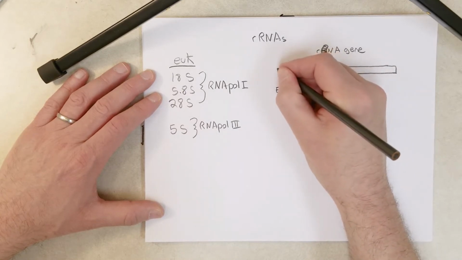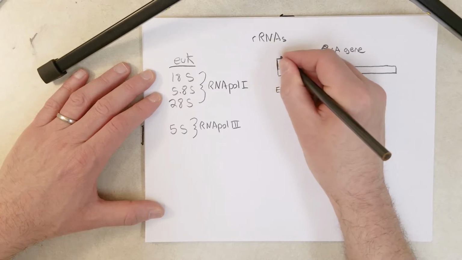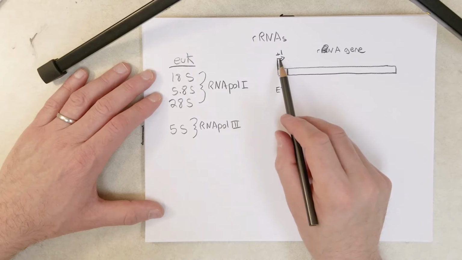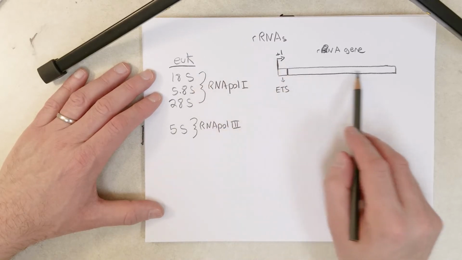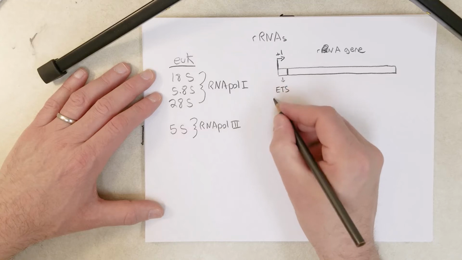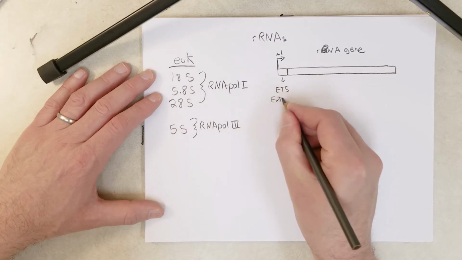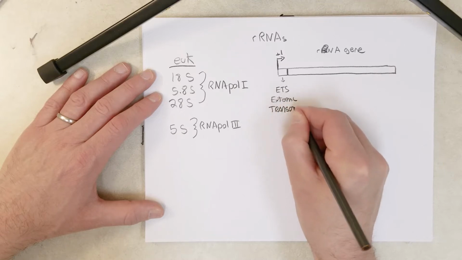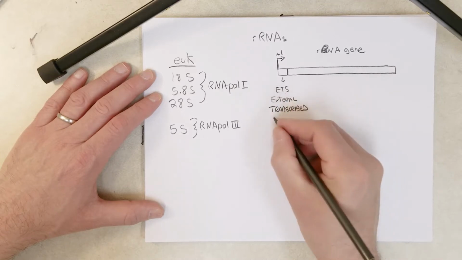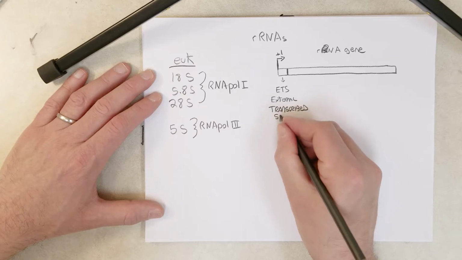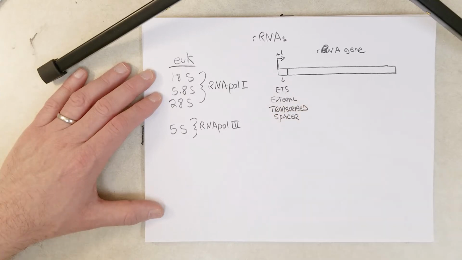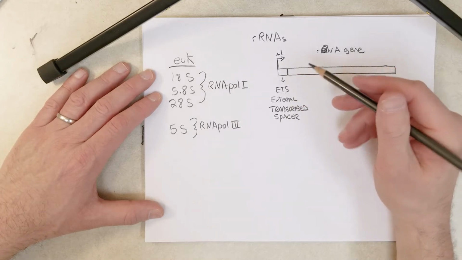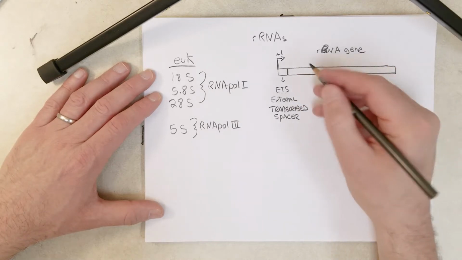Let's say this is the +1 site right here, where RNA polymerase 1 starts transcribing. This ETS is the external transcribed spacer. That's sort of a strange name, right? And we'll see why it's called the ETS in a moment.